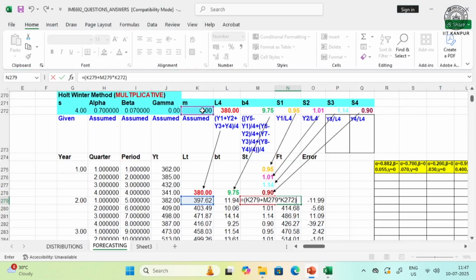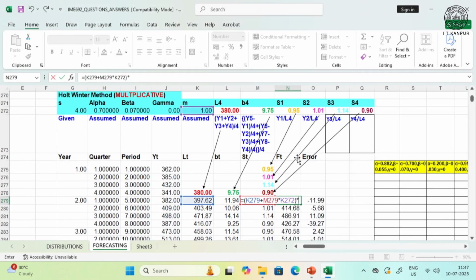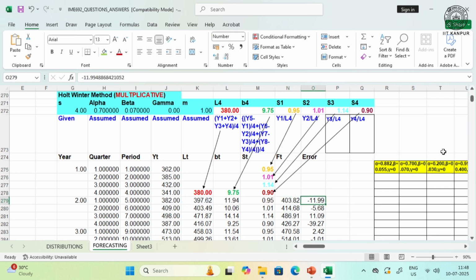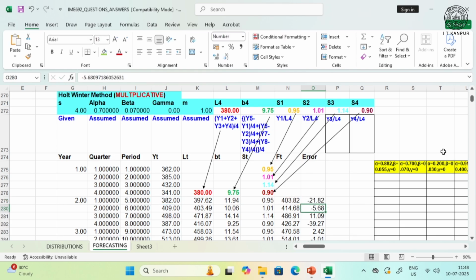This is into ST minus S plus 1. So, I will basically move one forward, which is S2, and the error would be given by the difference of YT minus the forecasted value.